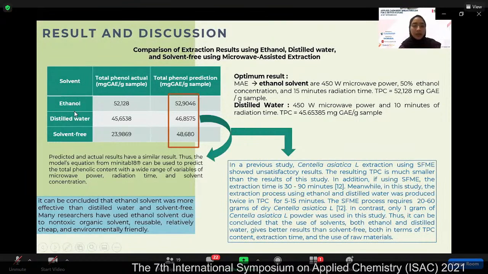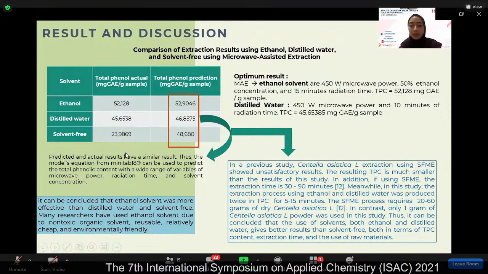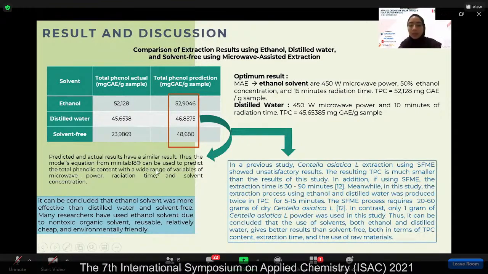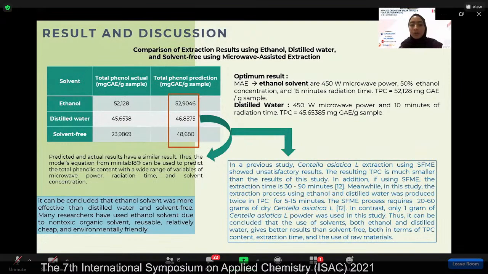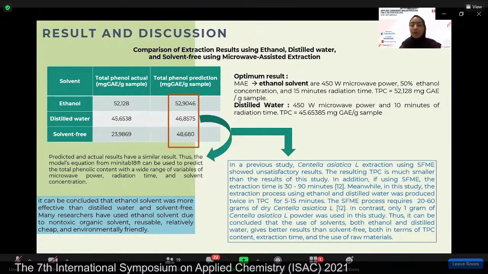We can see the ethanol and distilled water have similar predicted and actual results. Thus, the model's equation from Minitab can be used to predict the total phenolic content across a wide range of variables: microwave power, radiation time, and solvent concentration.